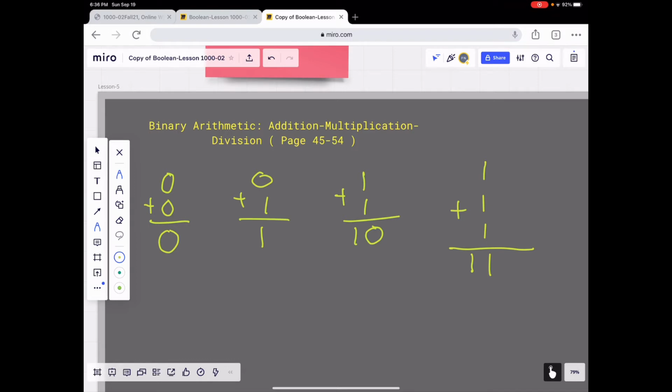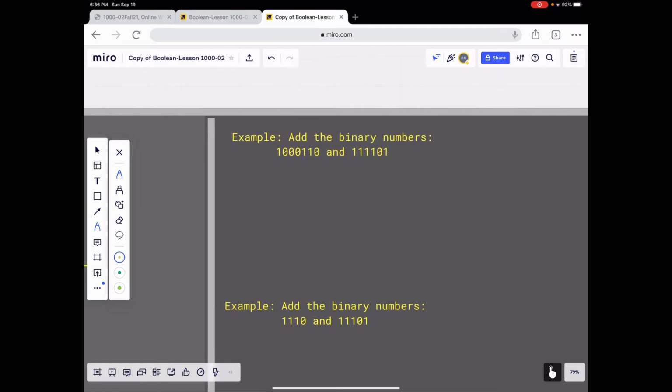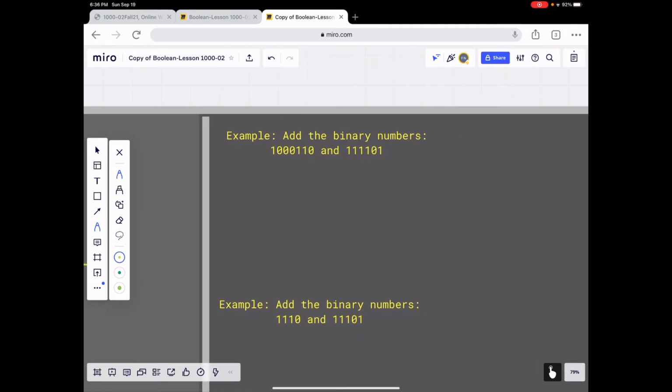Okay, let's look at a couple of examples, and we're going to do some addition here. For example, if you want to add the binary numbers 1000110 and 111101, let's line them up together in the right position.